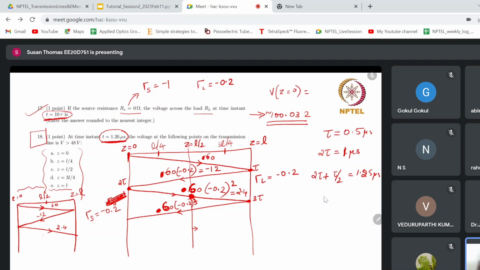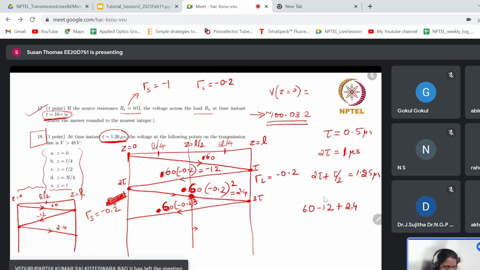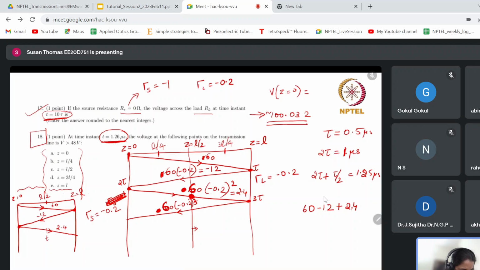So what will be the total voltage? There will be 60 minus 12 and plus 2.4. So first reflection, second reflection, and this is the time, that is t equal to 1.26 microsecond.